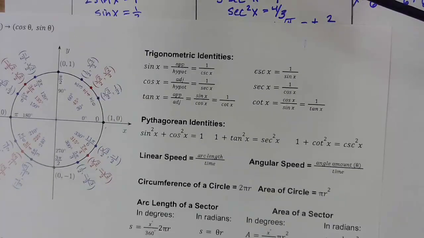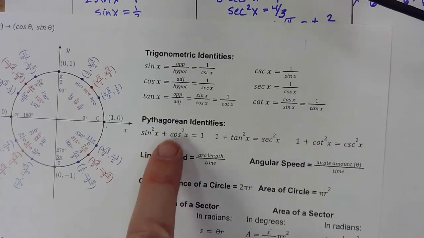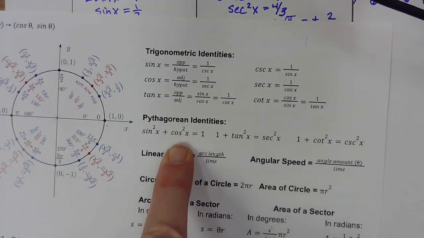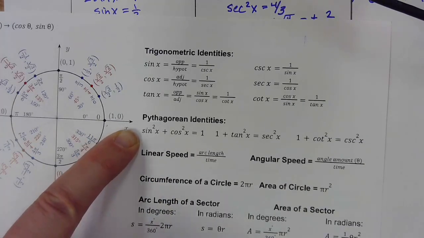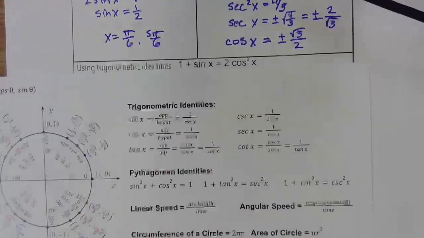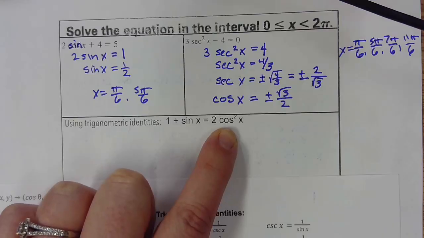Because if you remember, we have all the trigonometric identities up here, but we also have the Pythagorean identities here. Now, the one we talked about the most was this guy, that sine squared plus cosine squared is equal to 1. Why this is helpful is that it allows us to almost switch back and forth from sine to cosine as long as it's squared.